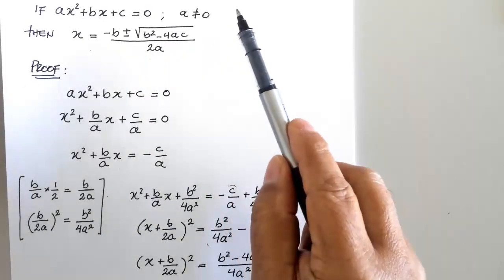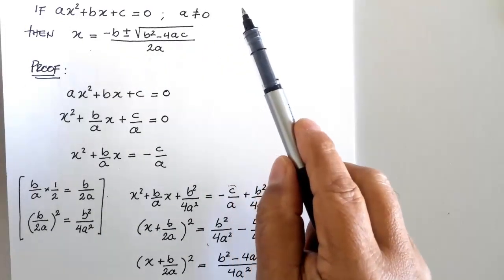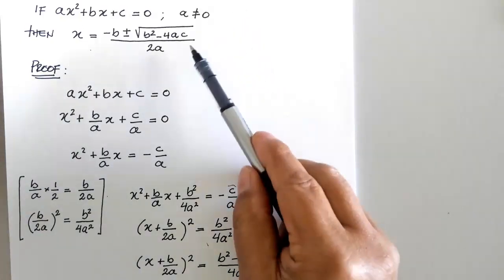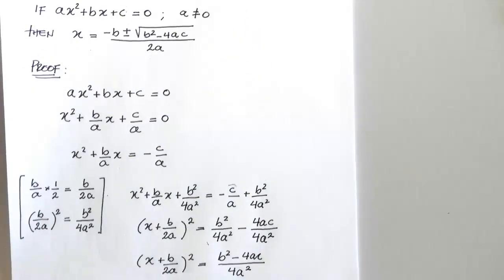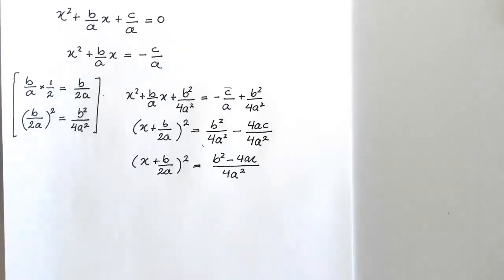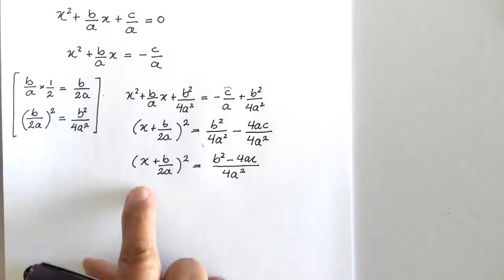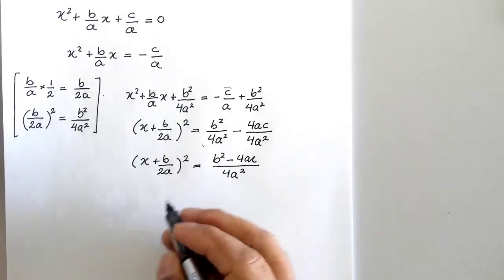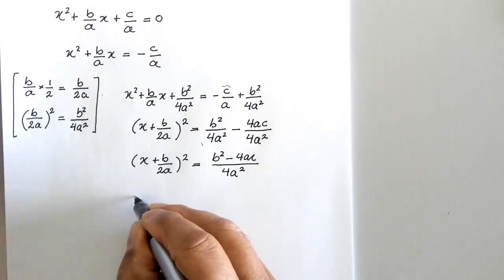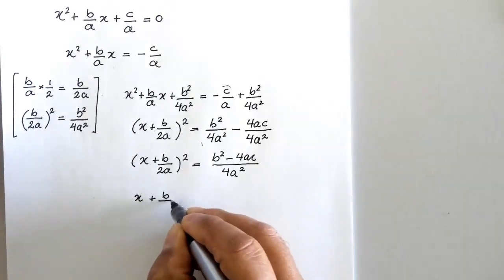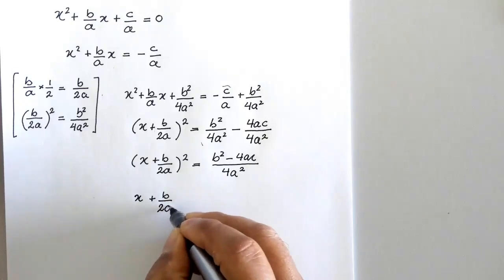And then we need to get this. Okay, so this is what we are up to. Okay, the next step is to square root both sides. So when you square root this side, then we have only x plus b over 2a.